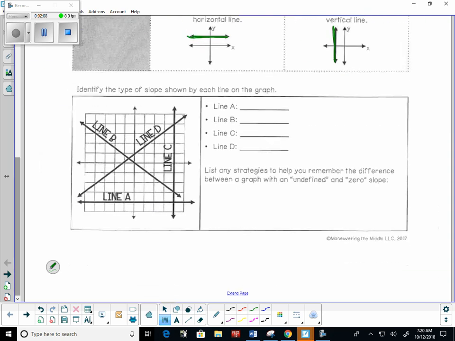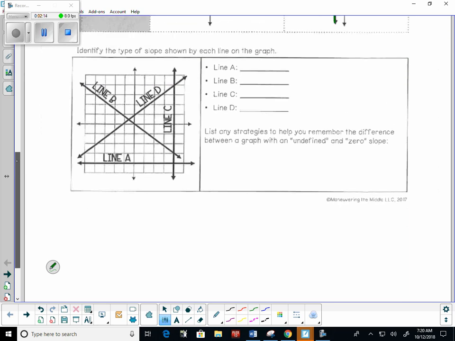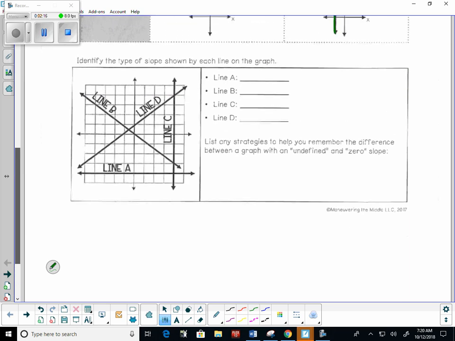Okay, so now we're going to be looking at what we've got down here, and so just the different lines. So let's look at line A. Line A is what kind of a slope? Line A didn't go up, didn't go down, so it is a zero slope. Line B, when we go from left to right, we're going downhill, so it's a negative slope.